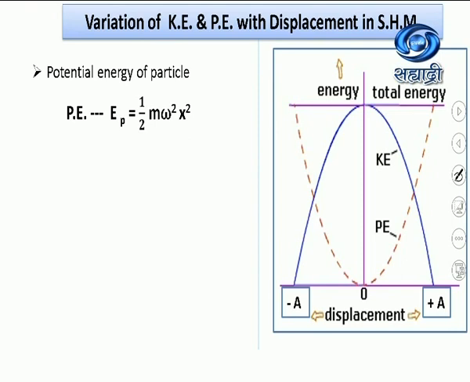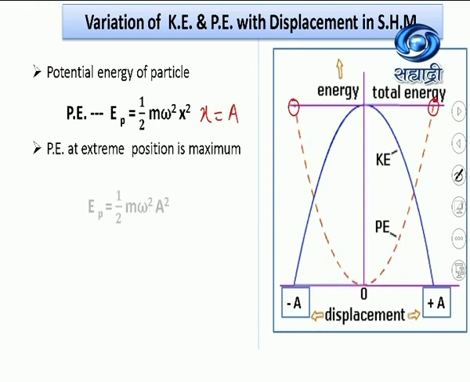As per the graph, the potential energy is maximum at the extreme positions. These are the two extreme positions where the potential energy is maximum, because at extreme position x is equal to capital A. That's why the potential energy is equal to the total energy, half m omega square a square.